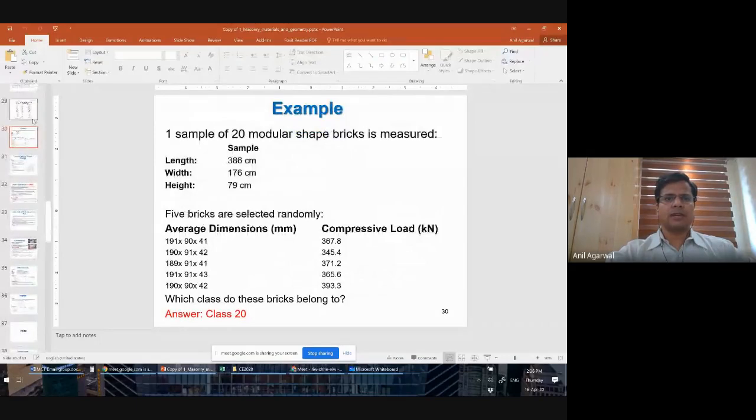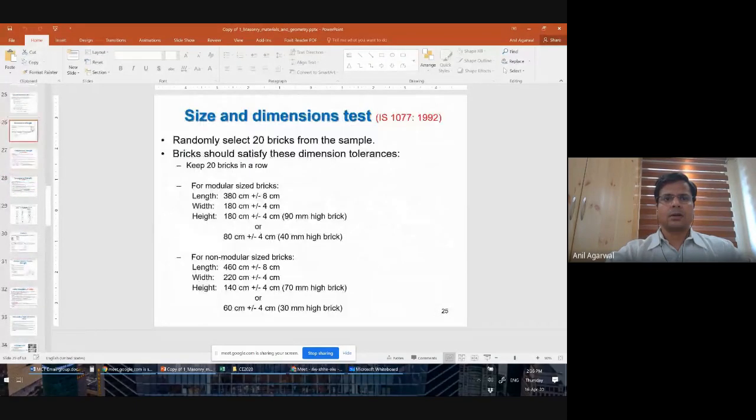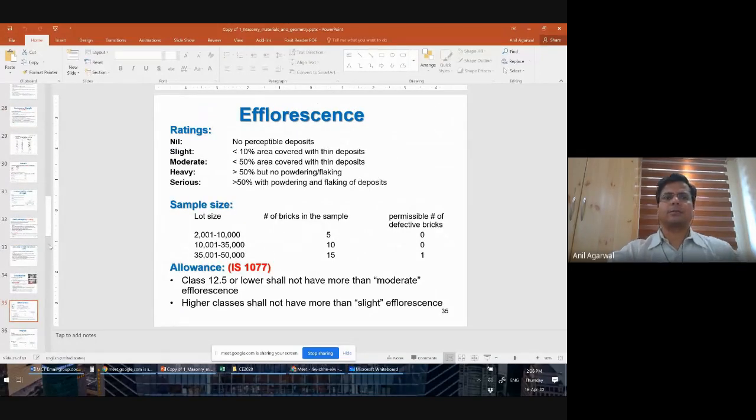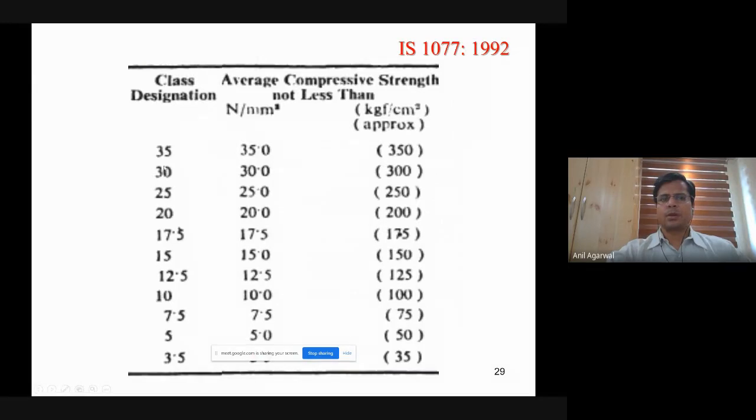So likewise, we had studied about several tests, and then from there we learned how to classify the bricks. So the brick classification was basically this table. Classes are given in this table in IS 1077, different classes. So say, for example, the classes vary from 3.5 to 35 classes.